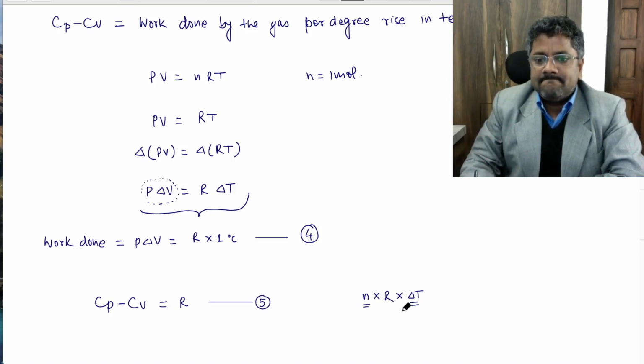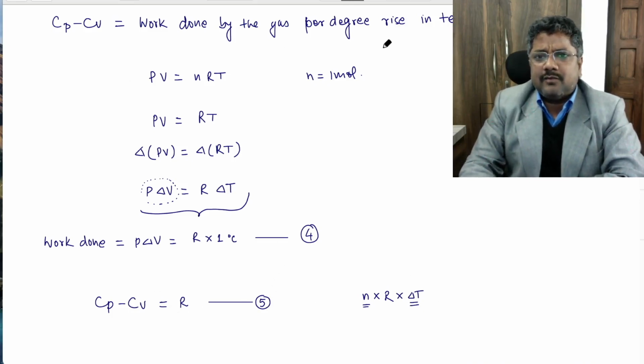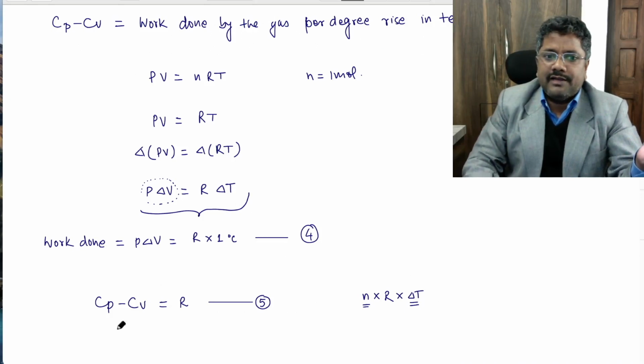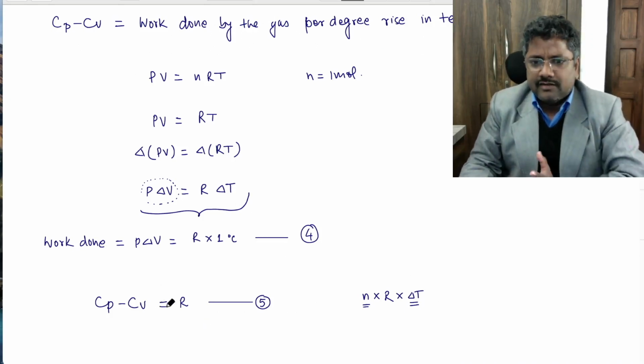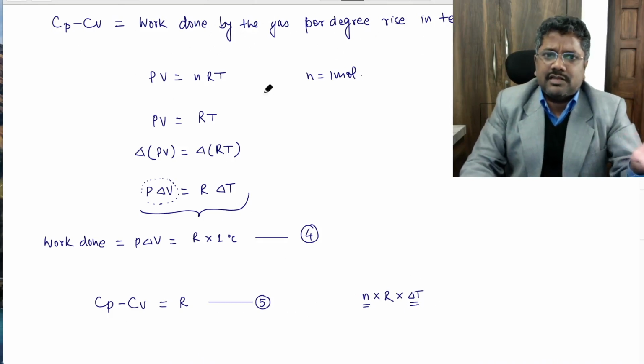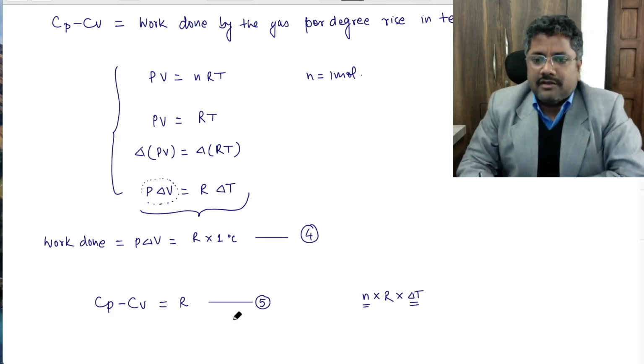So Cp minus Cv is equal to R. This is the general formula, and I have written it with common sense. You won't find this derivation anywhere in the book; people directly use the formula. No need to memorize it. You just put the logic and apply the concept, and you will get this formula.